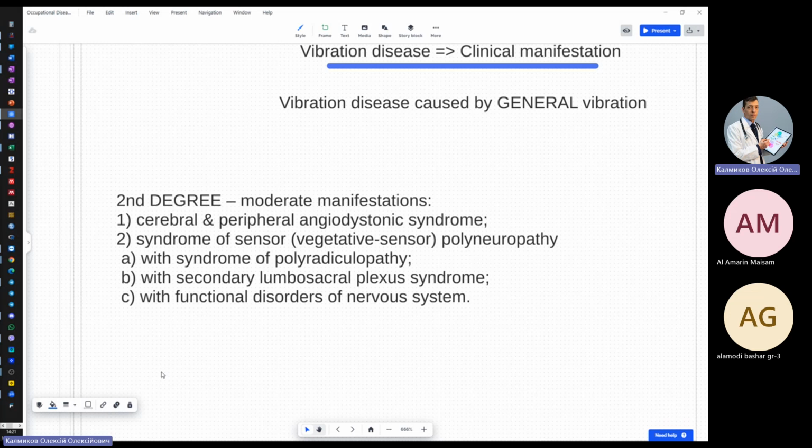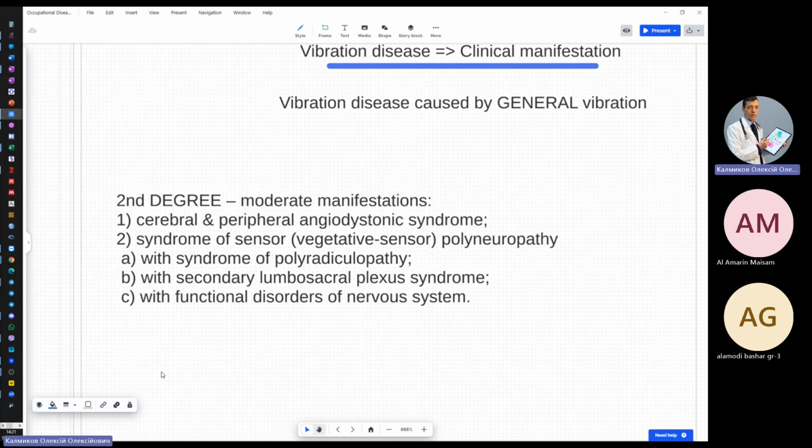Vibration disease caused by general vibration at the second degree, of so-called moderate manifestations, is characterized by cerebral and peripheral angiodystonic or even angiospastic syndrome. Second, the syndrome of sensory and vegetative sensory polyneuropathy, similar to what we had for local vibration. There was the syndrome of cervicobrachial plexopathy.